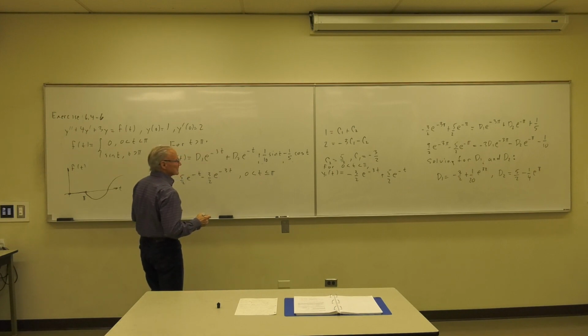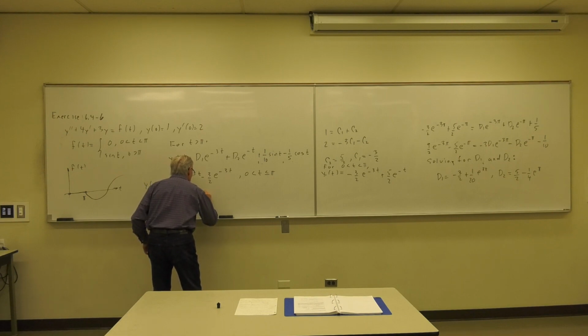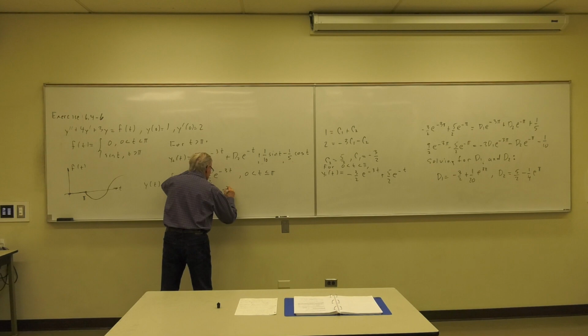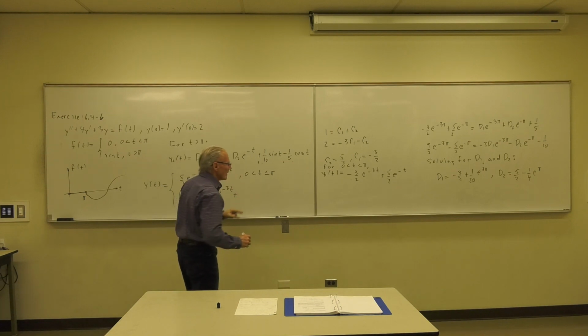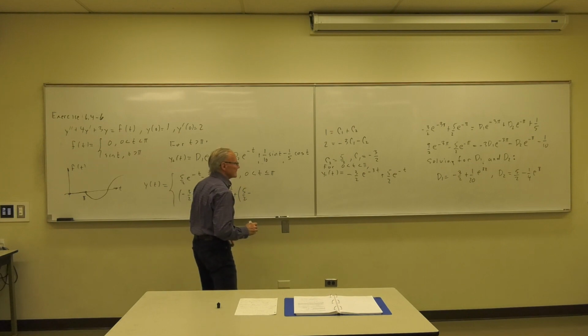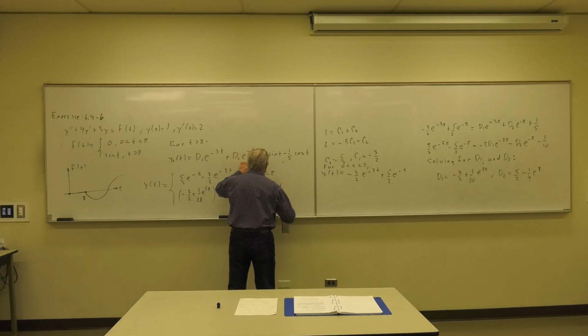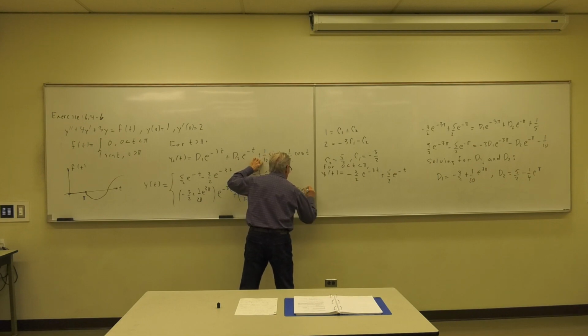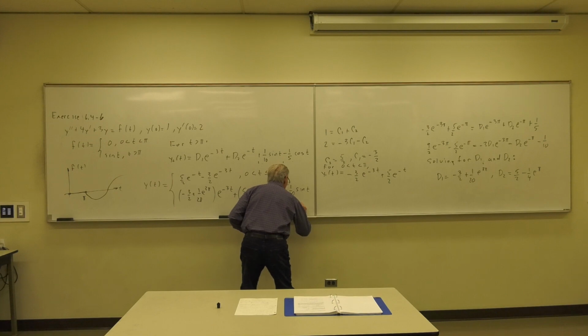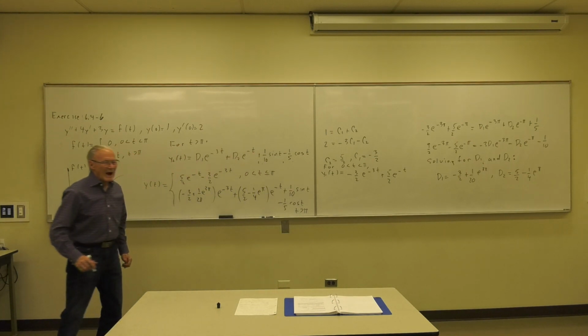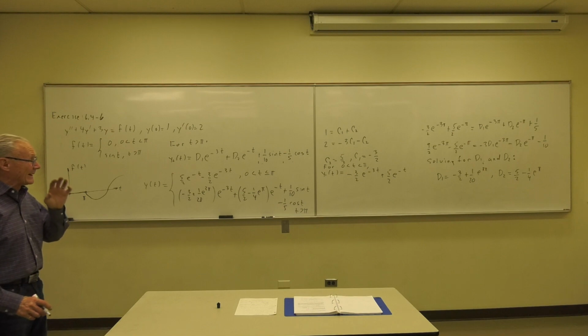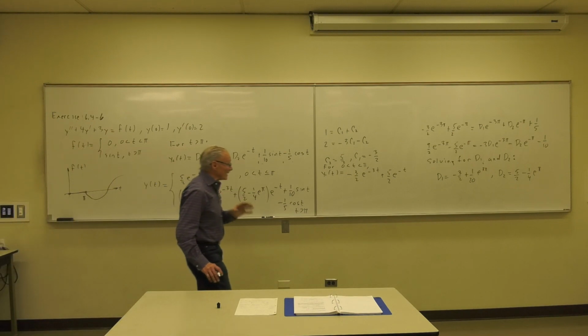And then after that, it's going to be d1, minus 3 halves plus 1 over 20 e to the 3 pi multiplying e to the minus 3t, plus d2, 5 halves minus 1/4 e to the pi multiplying e to the minus t, plus 1 over 10 sine t minus 1 over 5 cosine t. And this is for t greater than pi.